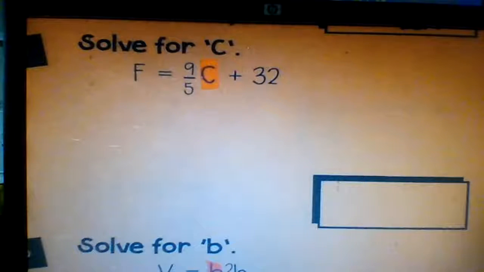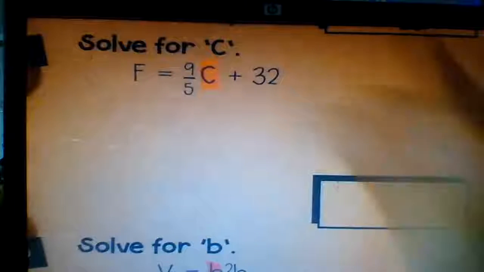Okay. Solve for C. This means I have to do what first? Not yet. Subtract your 32. Remember, you want to get rid of the things that don't have a C with it.